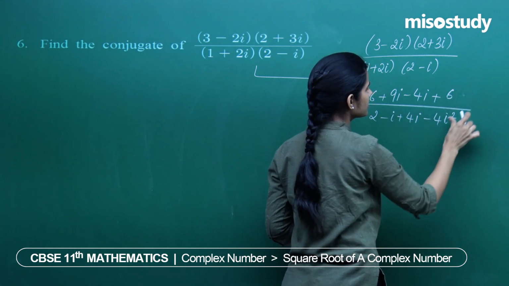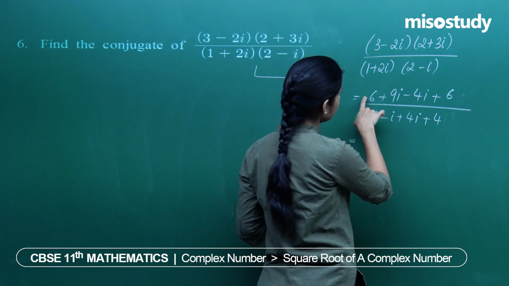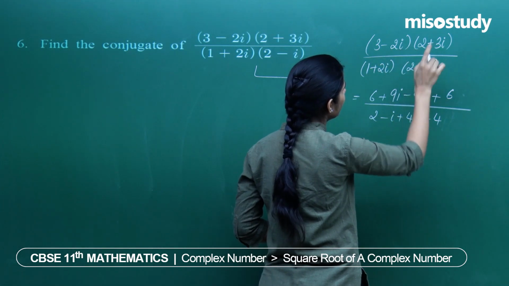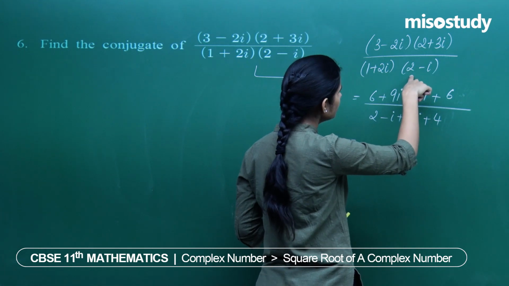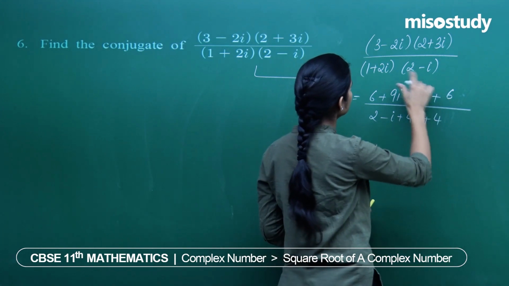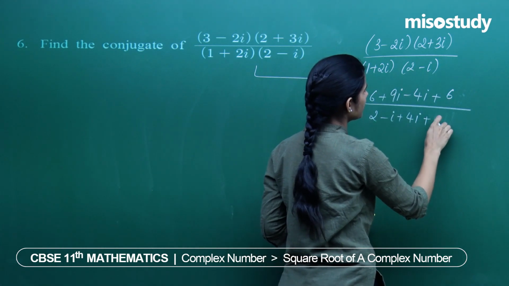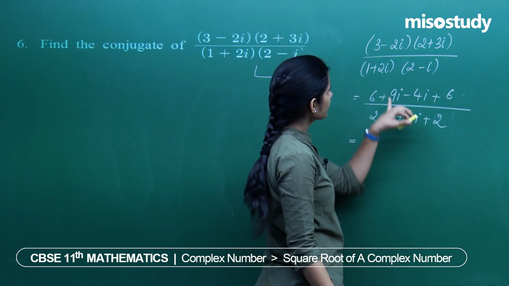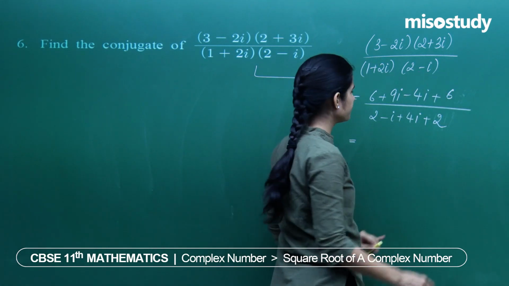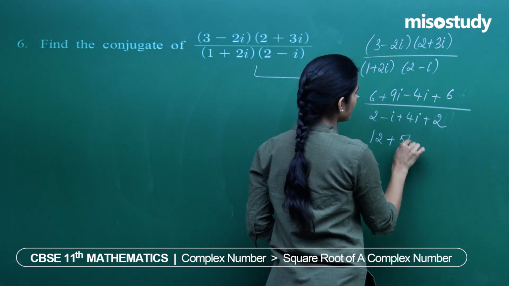This means plus 6 and this means plus 2, since i² is −1. 6 plus 6 gives you 12. 9i minus 4i is 5i.